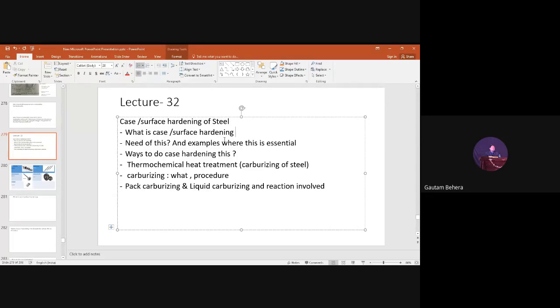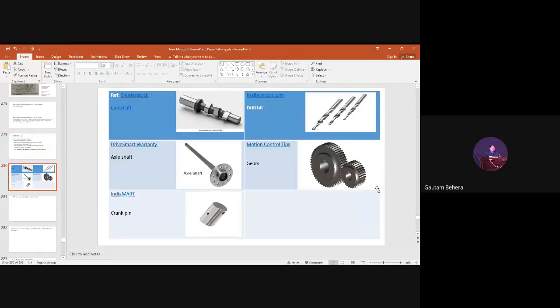So what is the need of this? The second is, what is the need of this? An example where this is essential. Suppose we have certain applications. Let me show you these things. These are few components which are basically used.